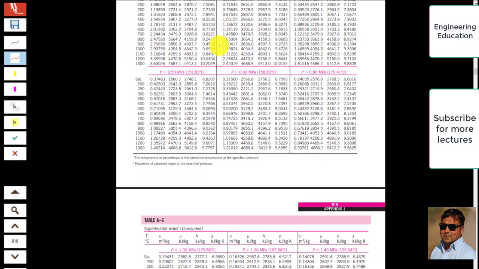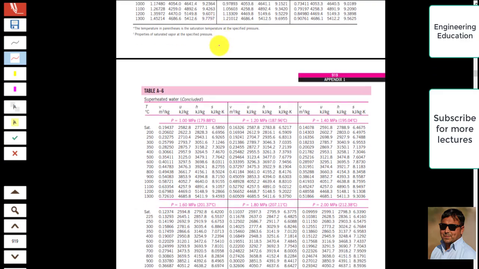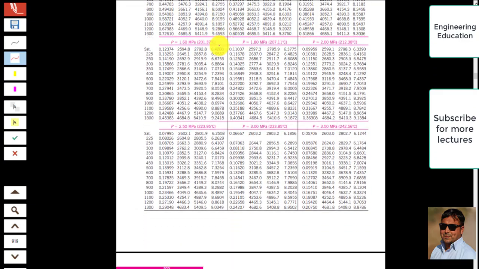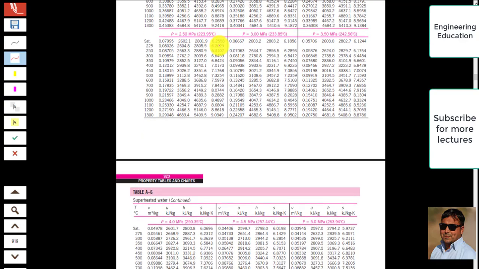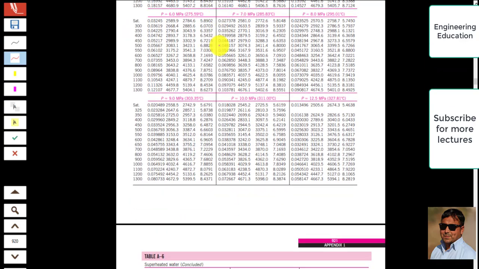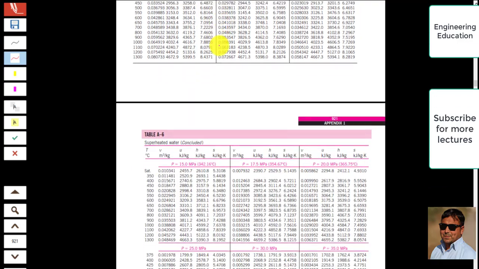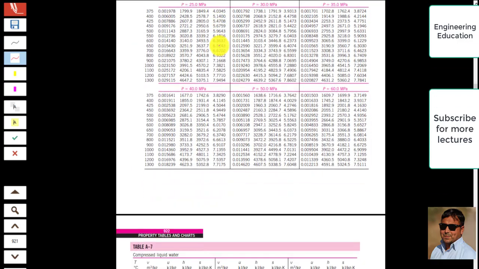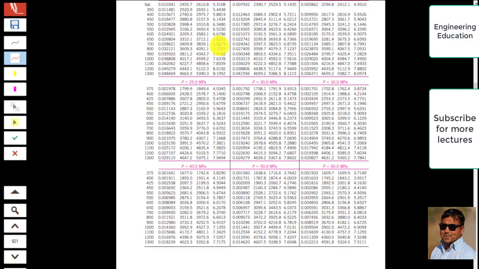So these are the values of table A6. The maximum limit of this table is pressure 60 megapascal and temperature 1300 degrees centigrade.